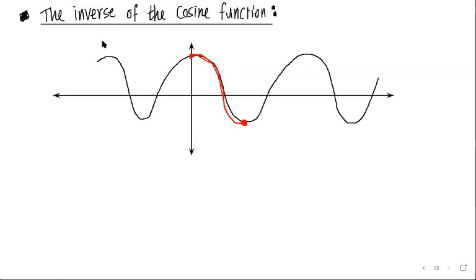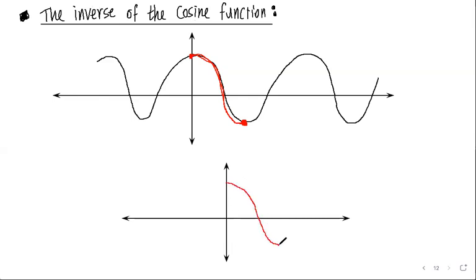So the graph for only this piece is like this. It goes down like this and stops here.